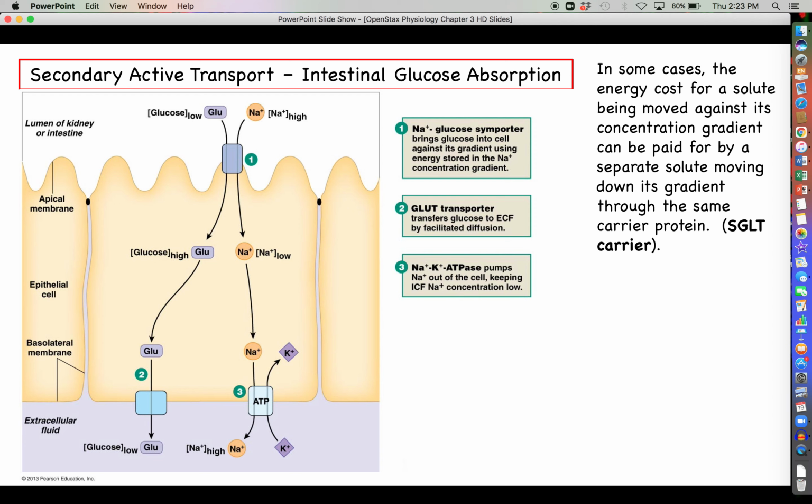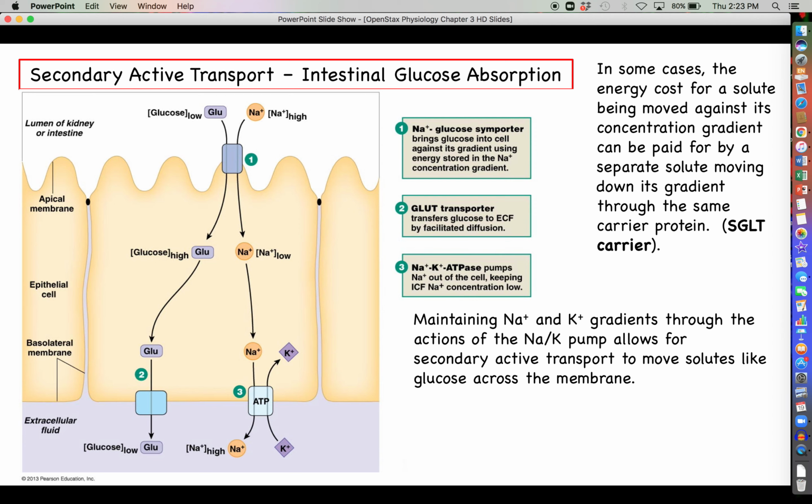So the way we solve this dilemma is by using the sodium-potassium pump that we introduced on the previous slide. On the basolateral membrane, you have this sodium-potassium pump, and what it does is every time we bring sodium in by using the SGLT carrier, the sodium-potassium pump says, nope, you're not supposed to be there, and it kicks the sodium back out into the extracellular fluid where it belongs.